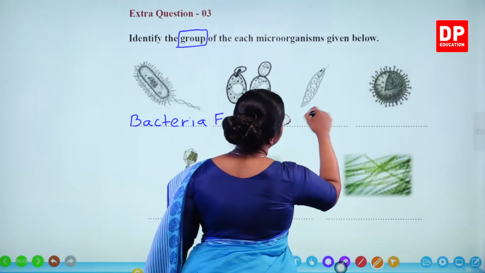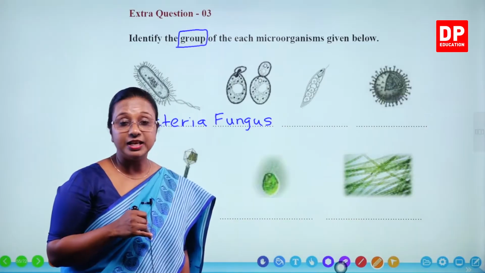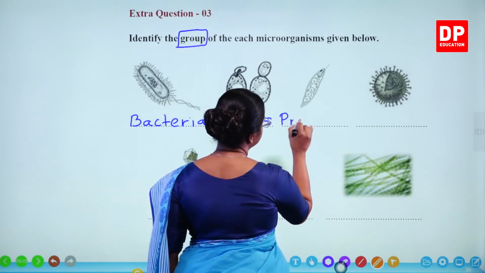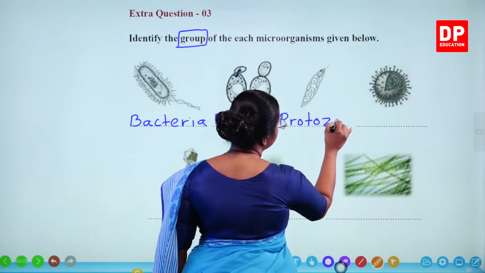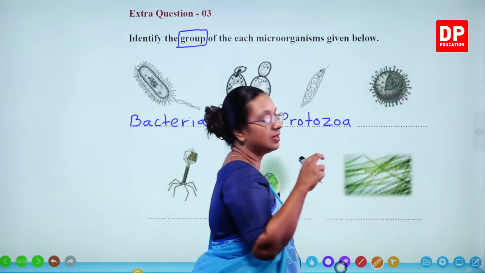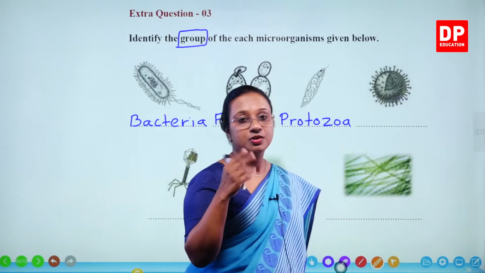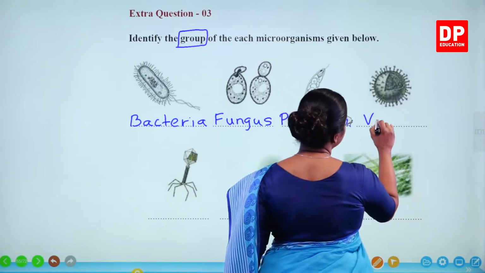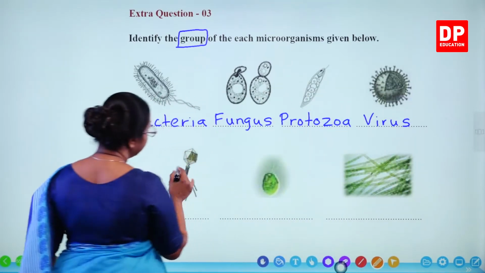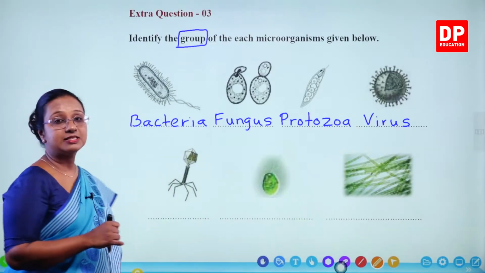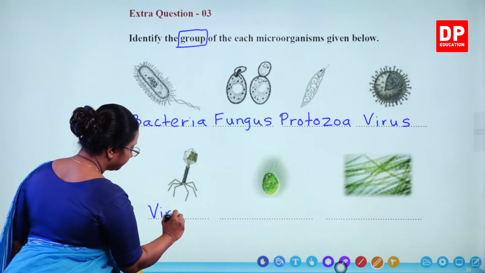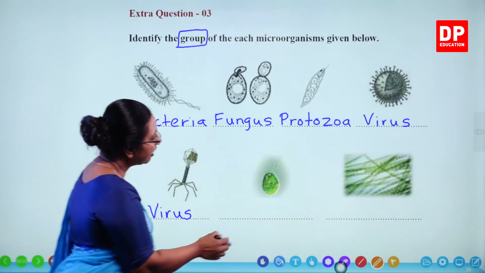Then what is this? This is Euglena. So what is that? It is a protozoa. Protozoa. Then this one. Now look at the structure, like a certain crystal shape. So you know it is a virus. No proper cellular organization. Here also you can see, you know the structure, that is also a virus. Then what is this?